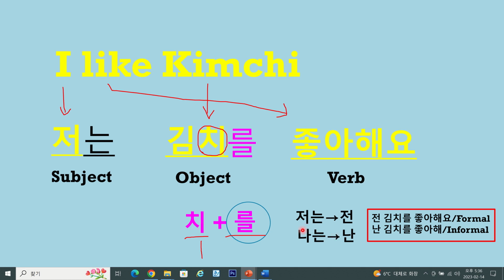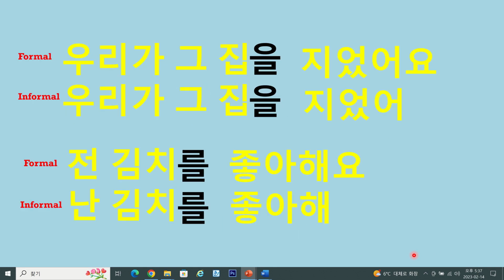And 저는 is contracted to 전. 나는 becomes 난, a contraction, the shortened form. So 전 김치를 좋아해요 is formal. And 난 김치를 좋아해 is informal.